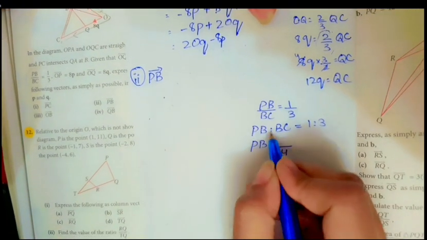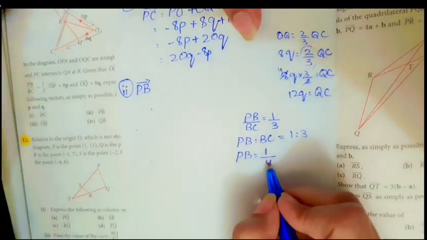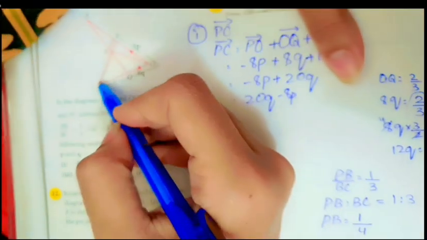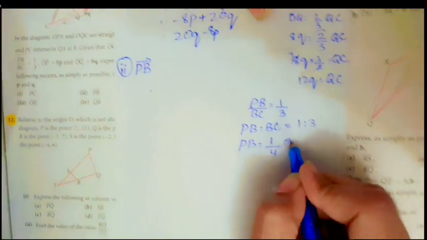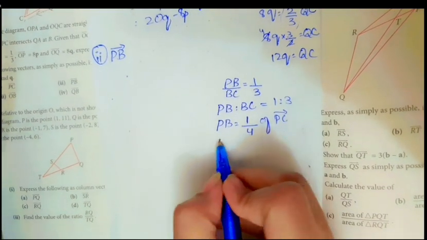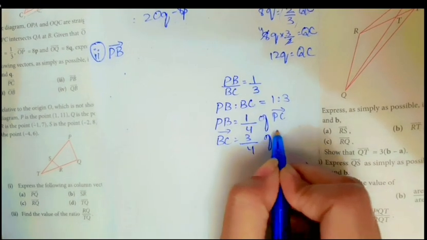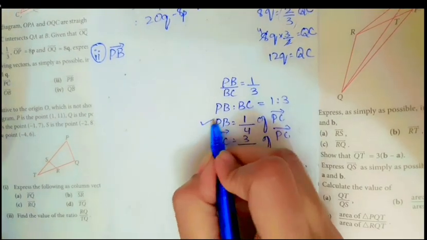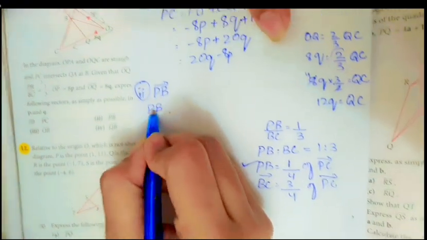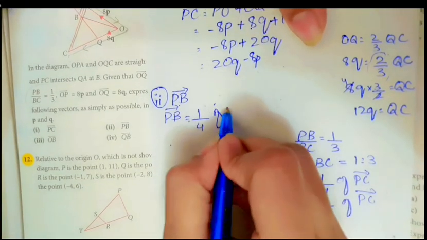It's 4 and first is 1. So this is 1/4 of PC. This is the line PC. I'm telling you BC as well. BC is 3/4 of PC, but we have to use this information over here because we have to find the value of PB. So PB is equal to 1/4 of PC.